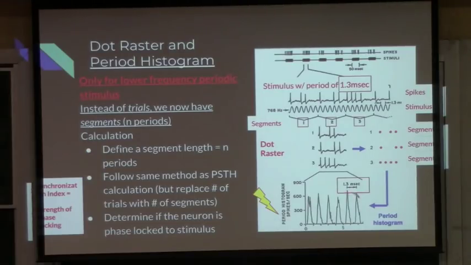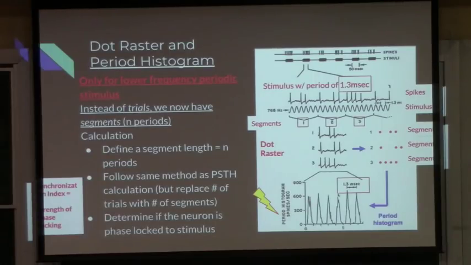What this essentially tells you is that the stimulus is periodic with a certain time interval, and what you've calculated with your neuron is that largely it is firing at a time interval that is the same as the time interval of your stimulus. So it's almost like saying that your neuron is in sync with your periodic stimulus.